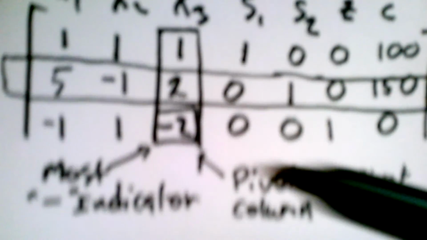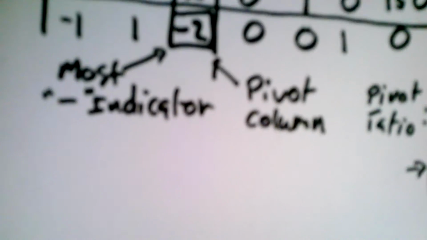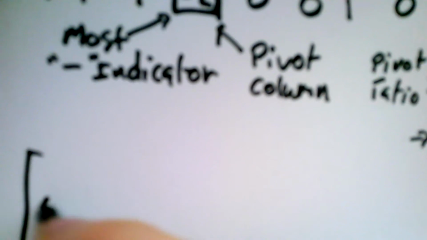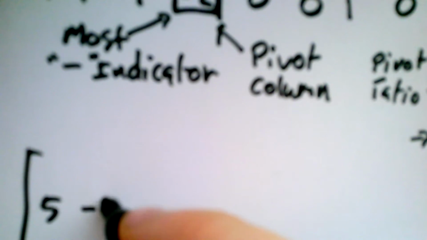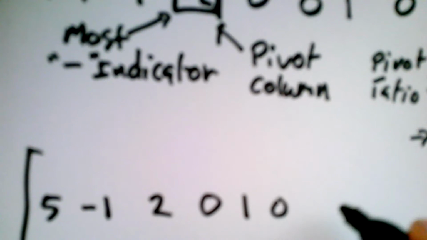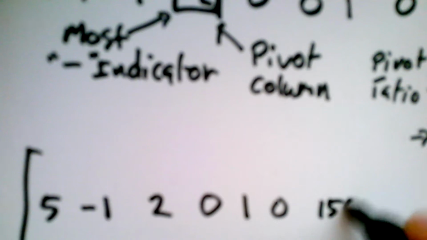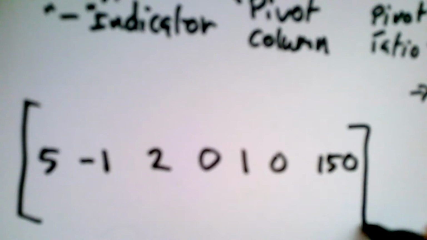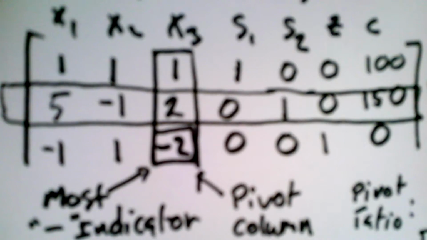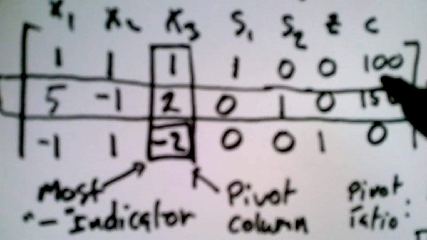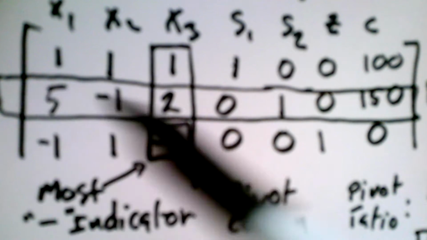Okay, so doing that does not change our middle row. So I copy the middle row exactly as it is, -1, 2, 0, 1, 0, 150. Now I want to get the first row. So looking at the first row, the way to get rid of this 1 is to take 2 times the top row away from the middle row.